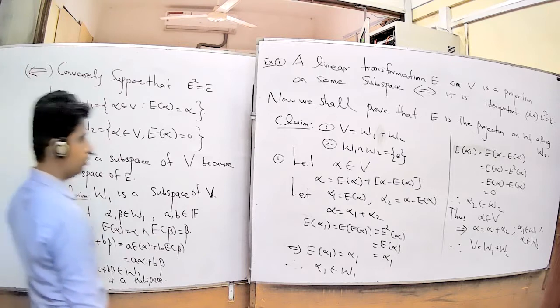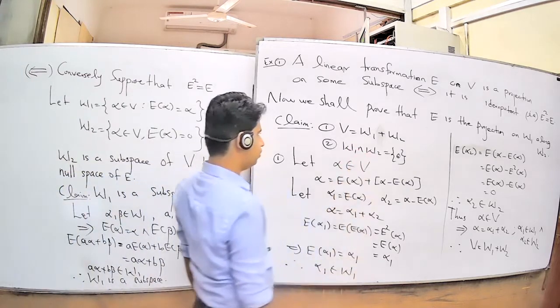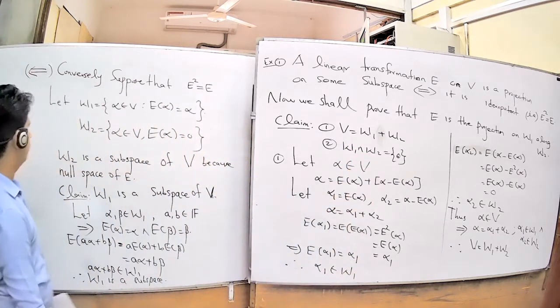Now we want to show that W1 intersection W2 is the singleton 0. Next part.